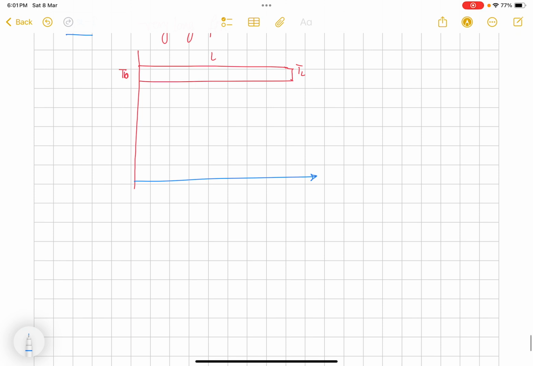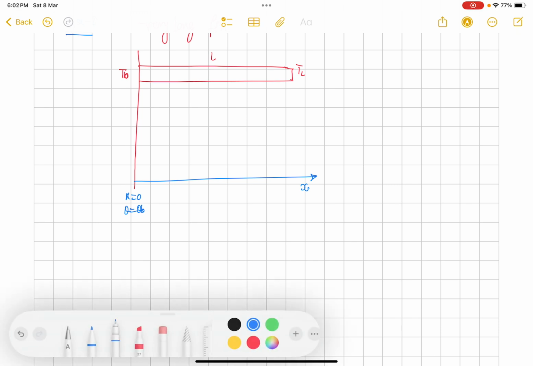This is location. So at x equal to 0, theta will be theta b.